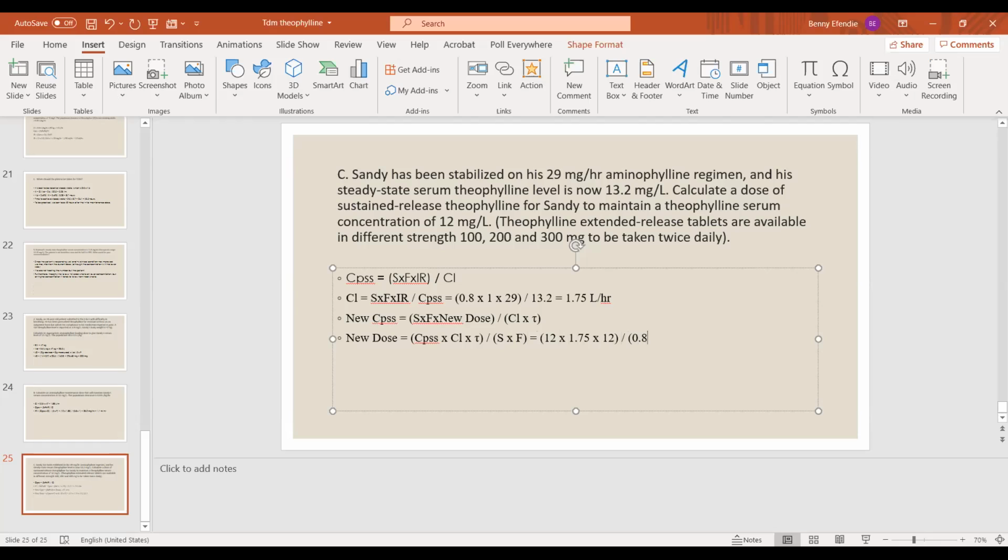Do we have to put 0.8 if we use theophylline? We don't need to put 0.8 anymore. Because it's theophylline.